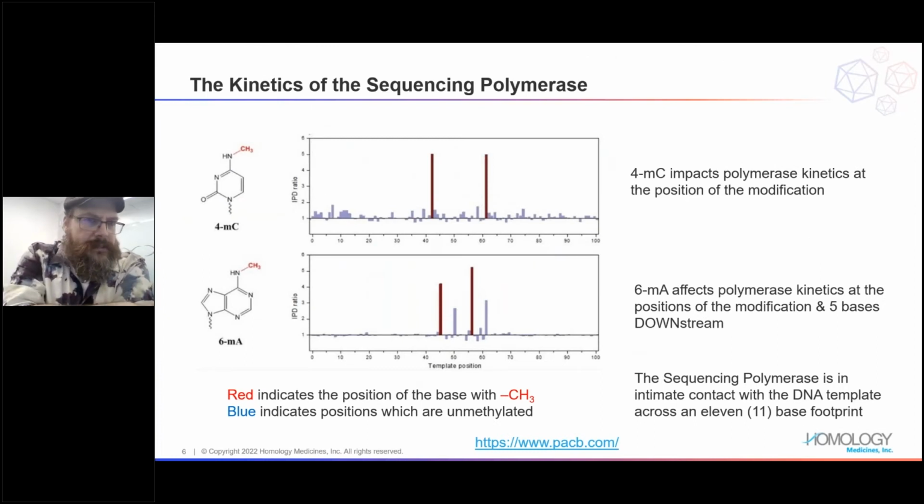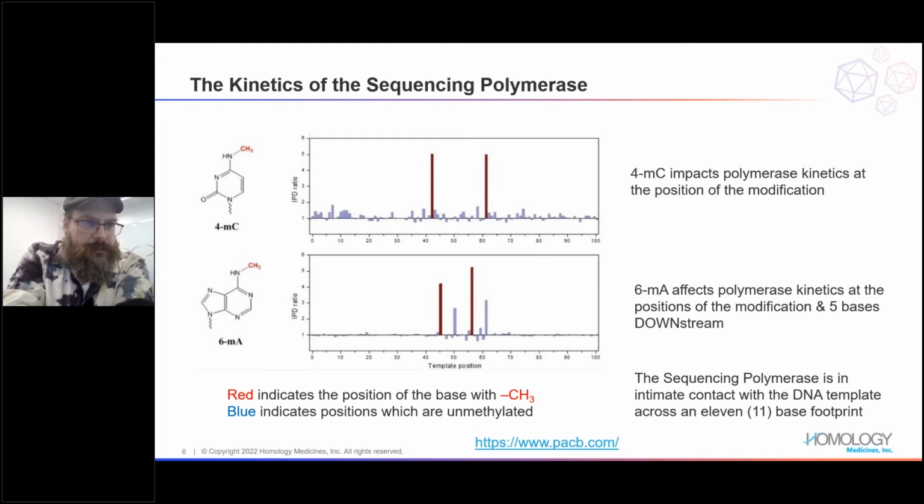And the other nice thing is that you aren't stuck with just using one base. You can use the whole gamut; pretty much any discovered modified base leaves its own unique signature, based on the spatial arrangements of the modifications, how all of that interplays with the sequencing polymerase, and the fact that the polymerase is in contact not with just one base at any one time, but essentially 11 nucleotides up and downstream, away from its catalytic component in its binding group.